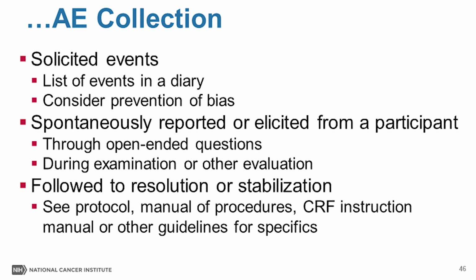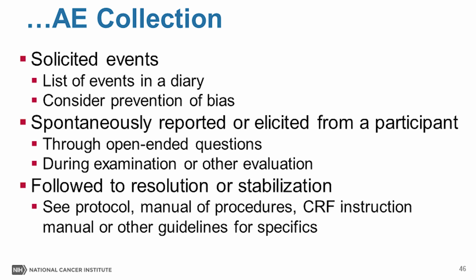So before documentation of an adverse event, the research team really does need to understand how AEs should be collected. In order to prevent bias in the collection of adverse events, participants should not be questioned specifically regarding what we might anticipate could occur. So if we do know, for example, that there could be a change in bowel habits, we wouldn't want to necessarily say, have you experienced any diarrhea? Have you experienced constipation?